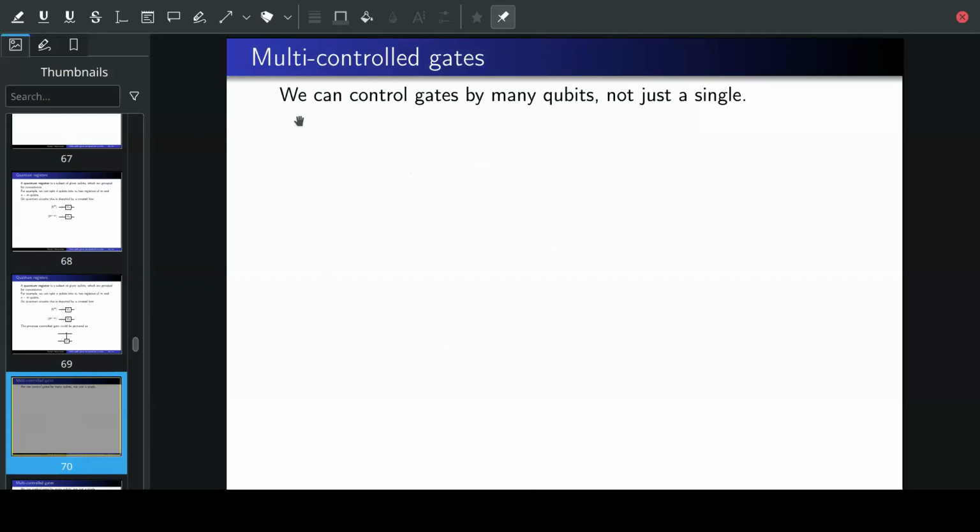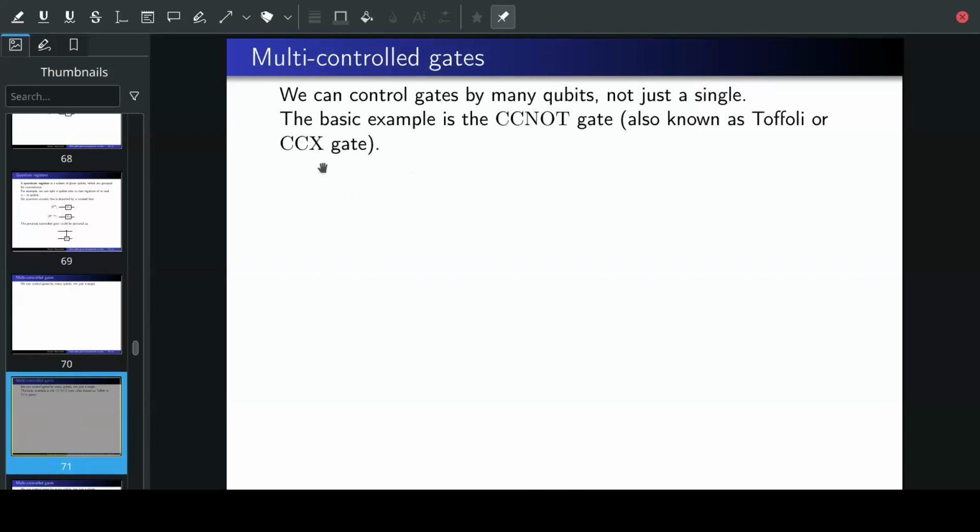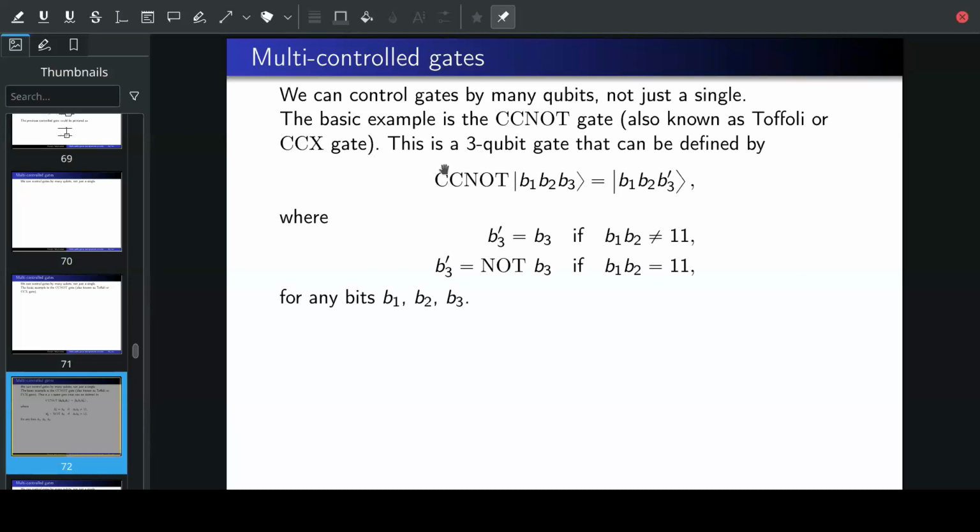We can also control gates by many qubits and not just a single qubit. The basic example of this is the controlled-controlled NOT gate, also known as the Toffoli or CCX gate. It is a 3-qubit gate, and it can be defined by the following rule. Here b1, b2, and b3 are some bits, so this is a basis state, and the result of the application will also be some basis state.